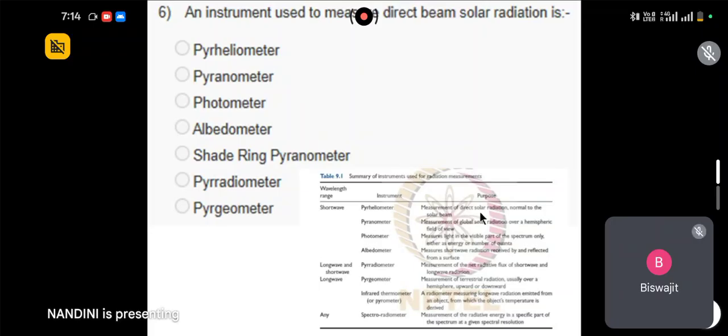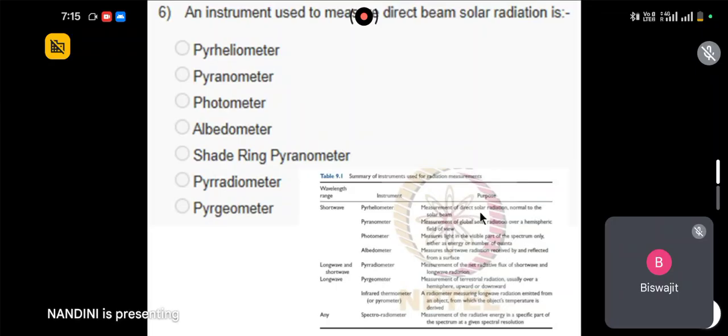It is placed below a shade or something, so it gives you the diffused one, not the direct one. Pyranometer measures global solar radiation, both direct and diffused, whereas shade ring pyranometer mostly measures diffused solar radiation.